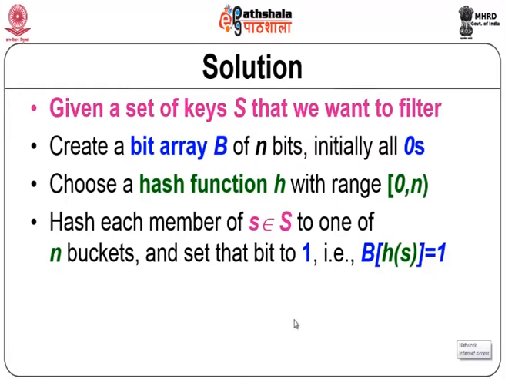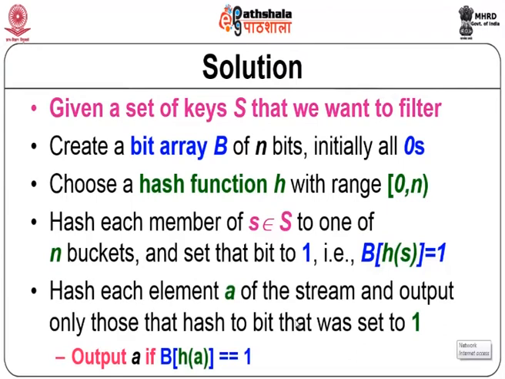If the hash function results in a value 1, then it will be mapped to a specific bucket in your memory. That is, you are going to consider the input element S if the hash function results in a value 1, else you are going to ignore the incoming element S if the hash function evaluates to 0.